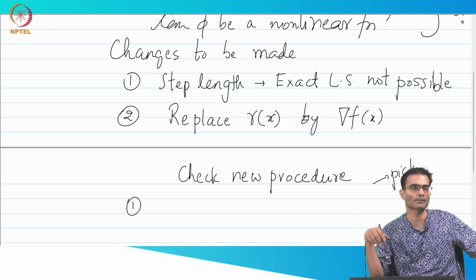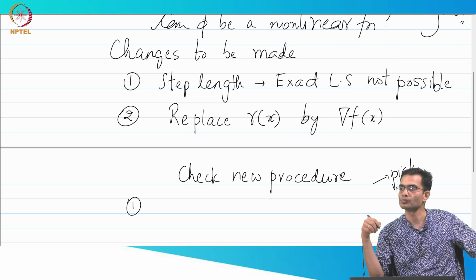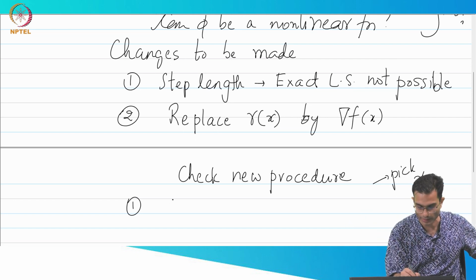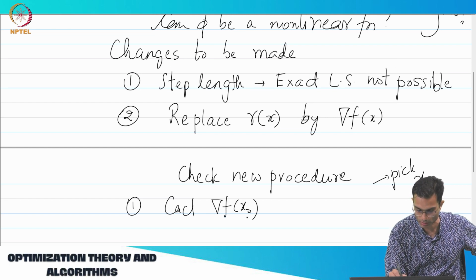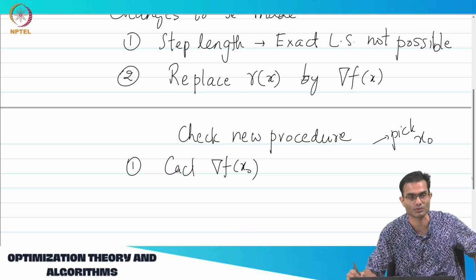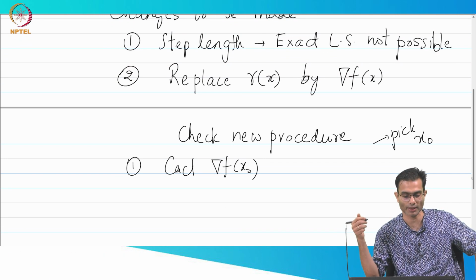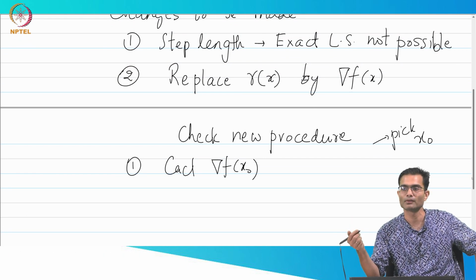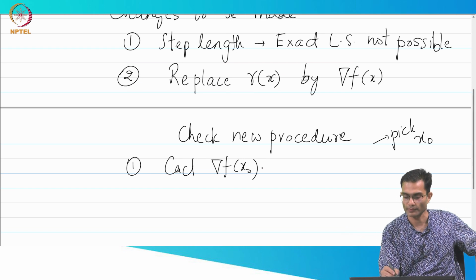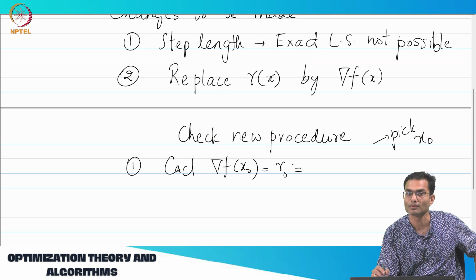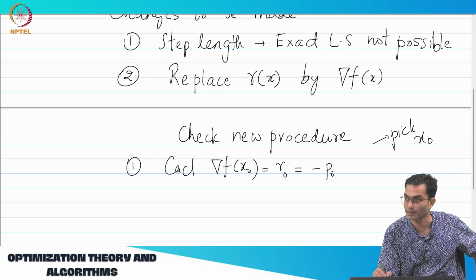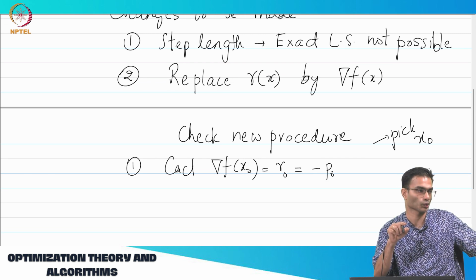What would be the next step? Grad f(x), okay, I can calculate grad f(x naught). Obviously I have access to calculating function and gradient value. How does this help me? This gives me r0, which is related to minus p0, right? So I've got my initial direction to go into.